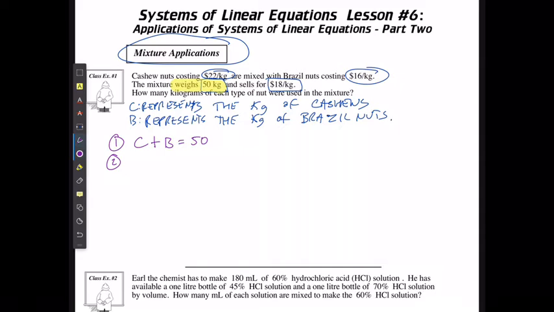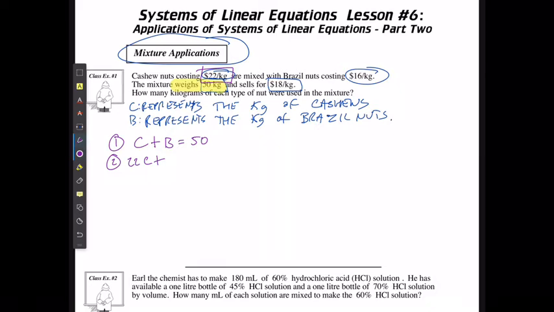it's going to be the dollar value of what I have. Well, the dollar value is going to be the weight multiplied by the cost per weight. So the dollar value of the cashews is going to be $22 per kilogram multiplied by the weight.